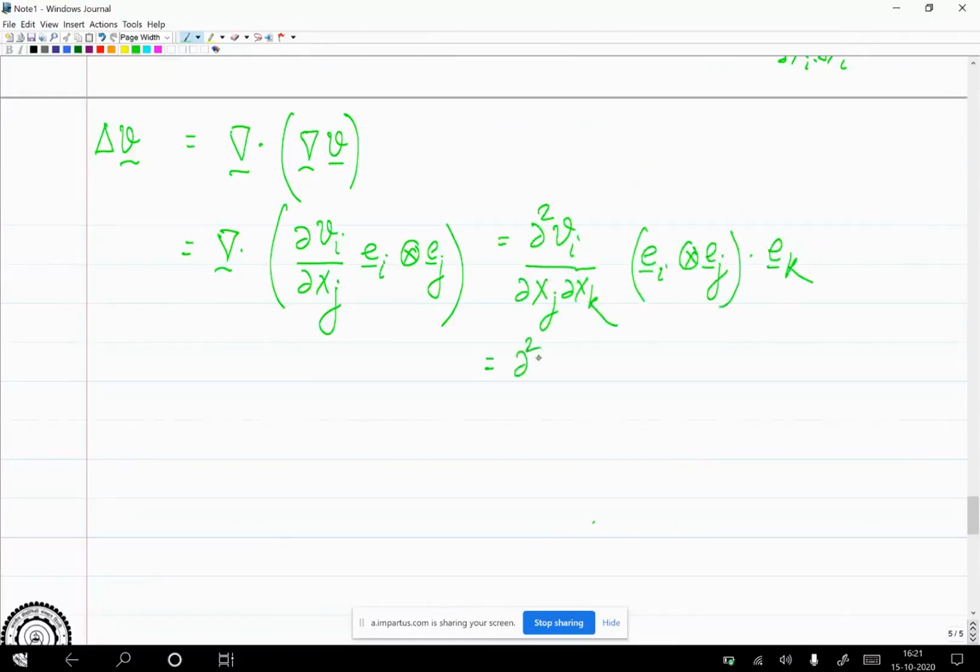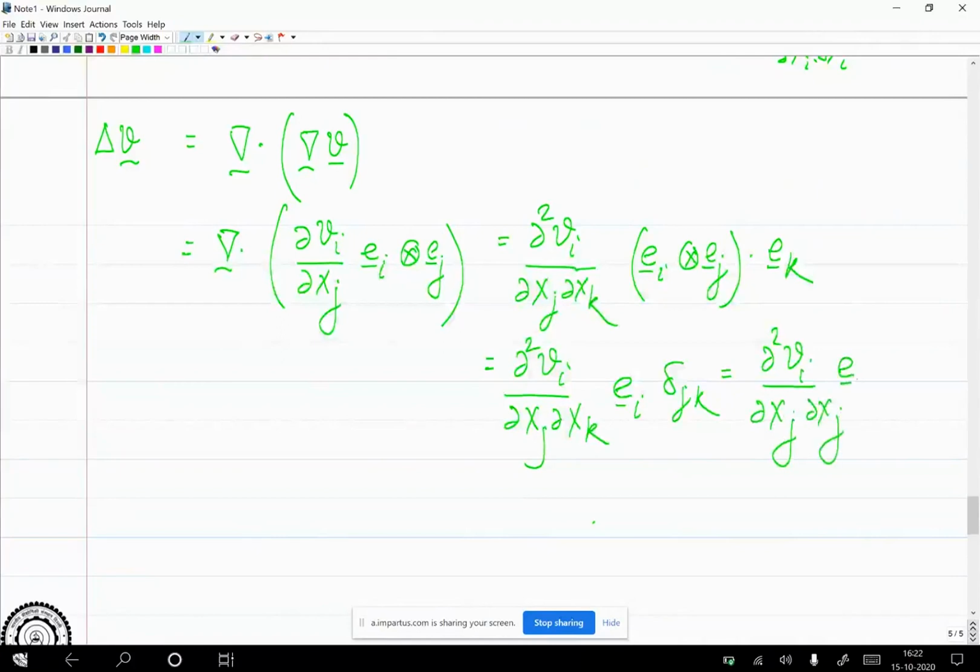So this becomes del 2 vi over del xj del xk of ei into delta jk, which is same as del 2 vi over del xj into del xj of ei, right? So that's the definition. Or you could also see this is same as vi comma jj. Okay, so comma is a notation basically.